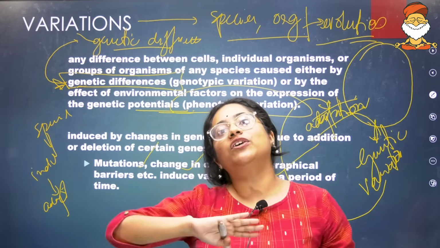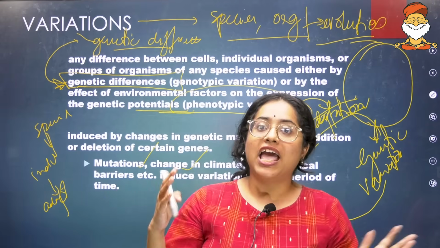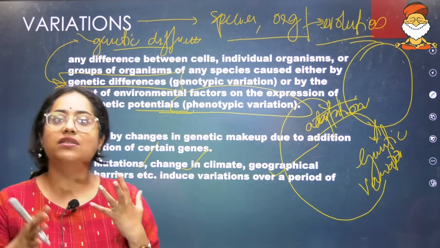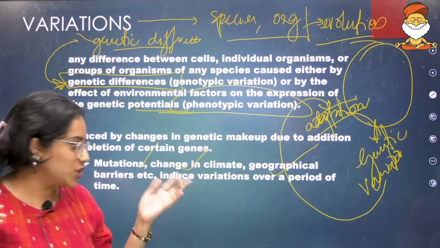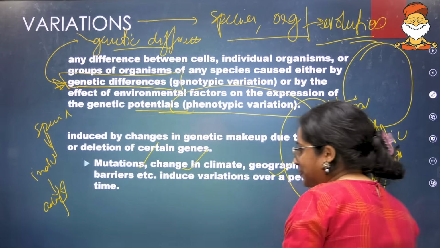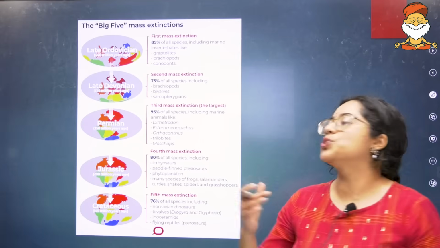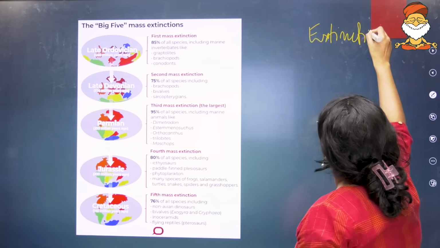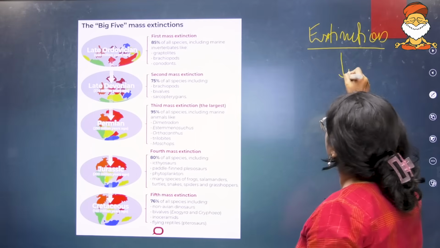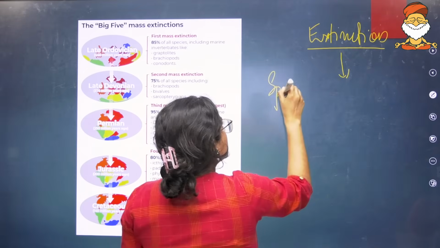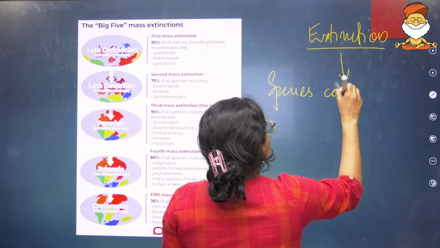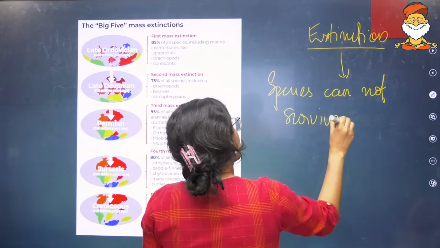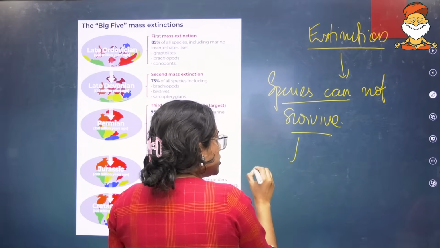Okay. Now, what if it doesn't happen? What if evolution doesn't happen? What if these variations don't happen? Then what happens is something called extinction, and this is what we have to discuss next. See, extinction is when a species cannot survive in changed conditions.